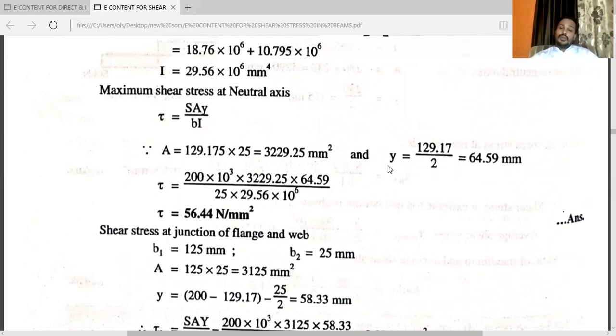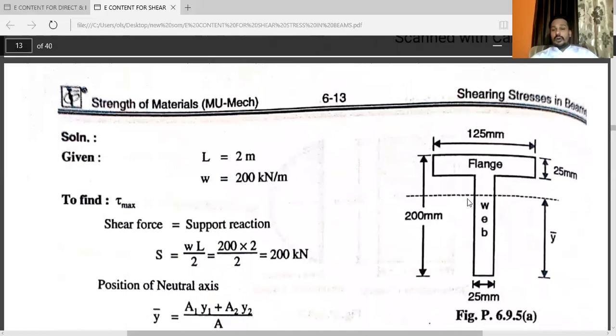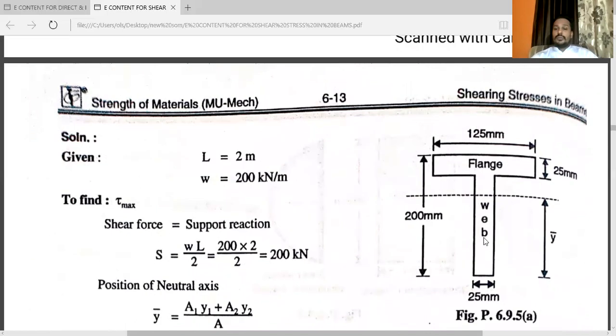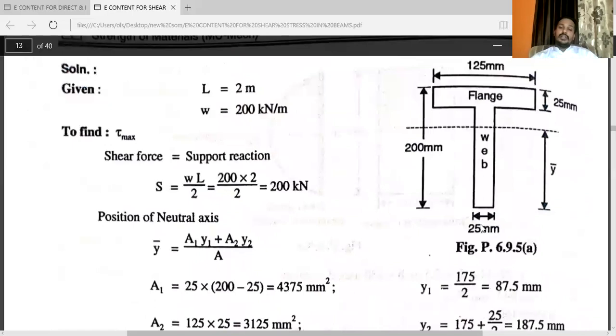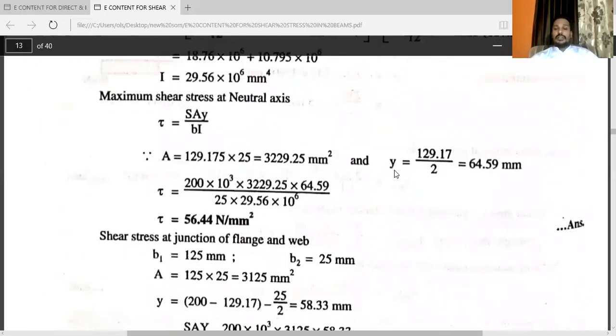That is very important. You have to take y as the distance from centroid of that area to neutral axis, the perpendicular distance between centroid and the neutral axis. So while calculating this y, you have to concentrate very properly.